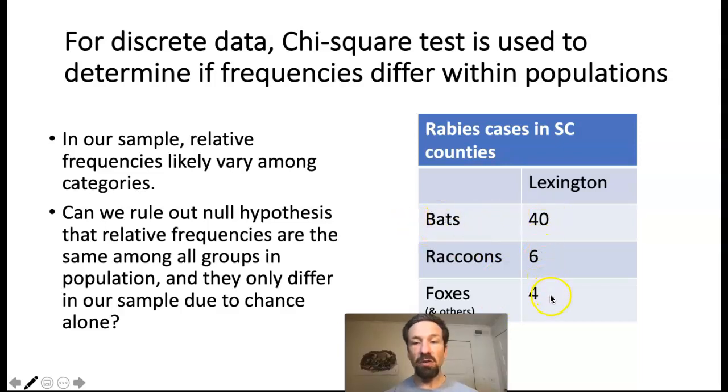So is this variation due to chance alone, or is this actually due to some difference in the rate of rabies among the 3 different groups listed?